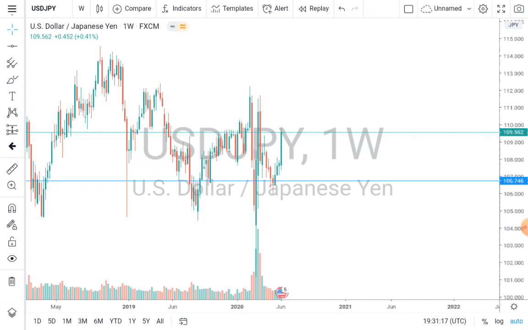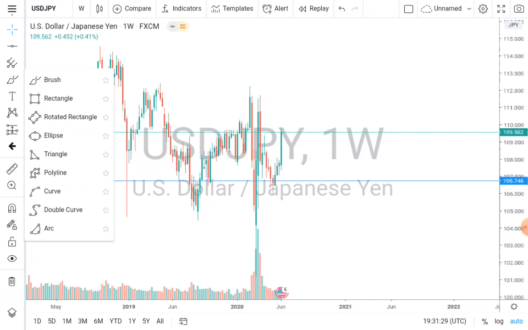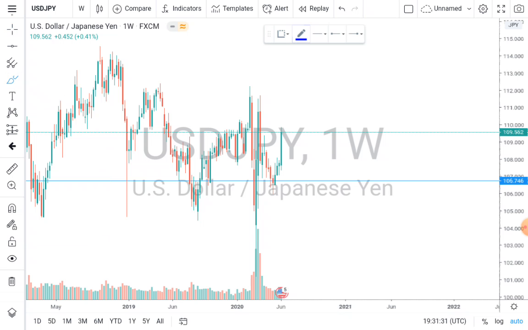So your now support was your resistance on this weekly time frame. Let me show you, this is the previous resistance here, and now it's a support level. So that's how you spot your support and resistance.